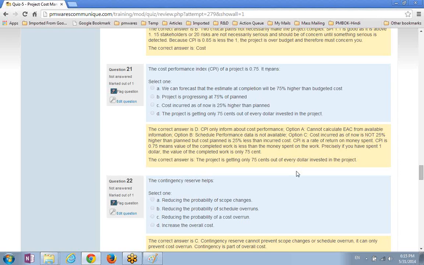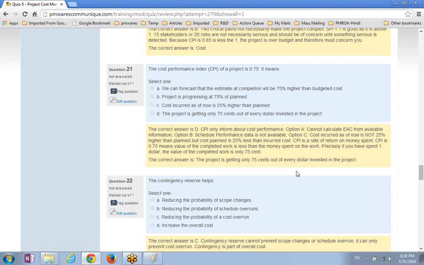So if CPI is 0.75, it means on every dollar invested, you get only 75 cents worth of work done. That is CPI, right? EV upon AC. So what is EV?